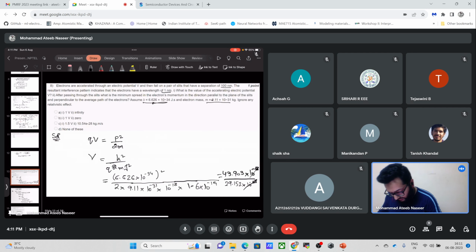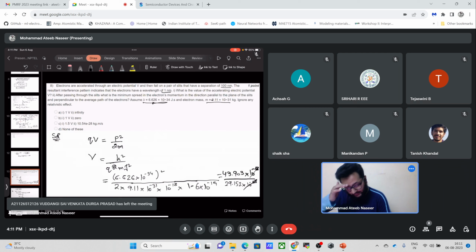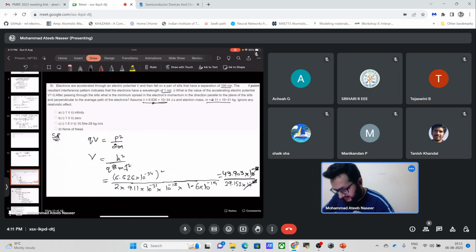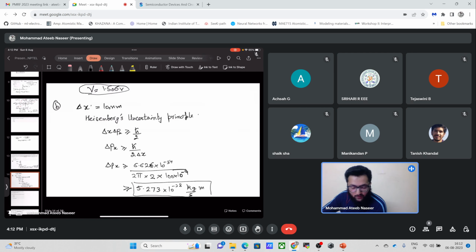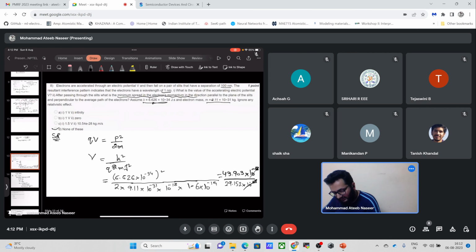So this value over here does not match anything, because it was 1.5, and since this is the minimum spread in the electron's momentum in the direction parallel to this, and this minimum spread is 5.27, or you can say 5.3 approximately, we would say that none of these options is correct.